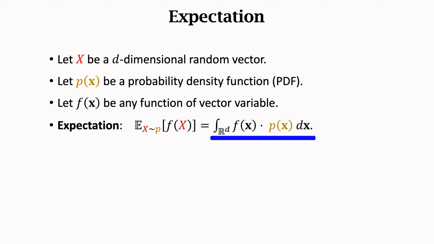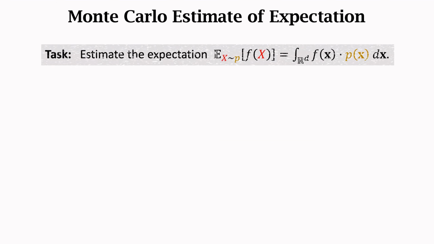It is equal to the integral of fx by px on the entire d-dimensional space. Directly and analytically computing the expectation is not easy, especially when x is high-dimensional. So in practice, the expectation is approximated by Monte Carlo.